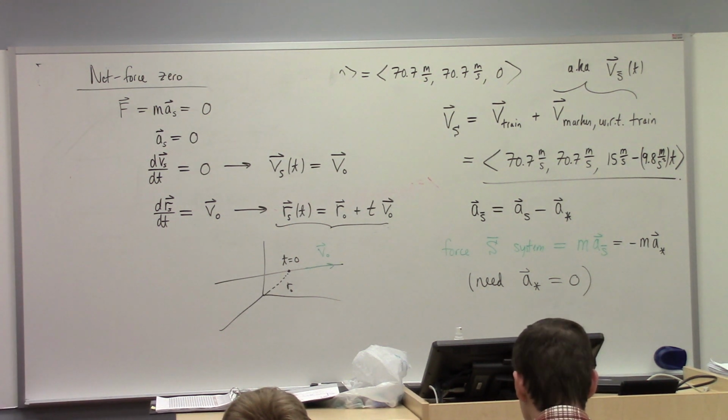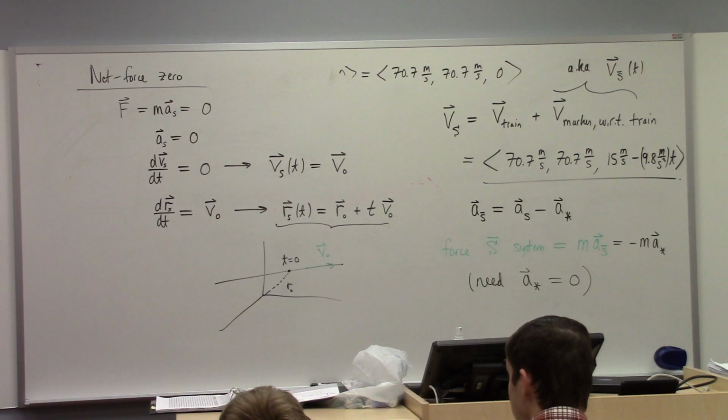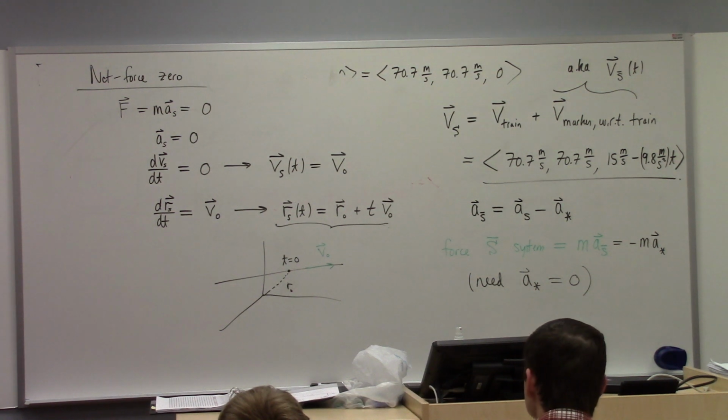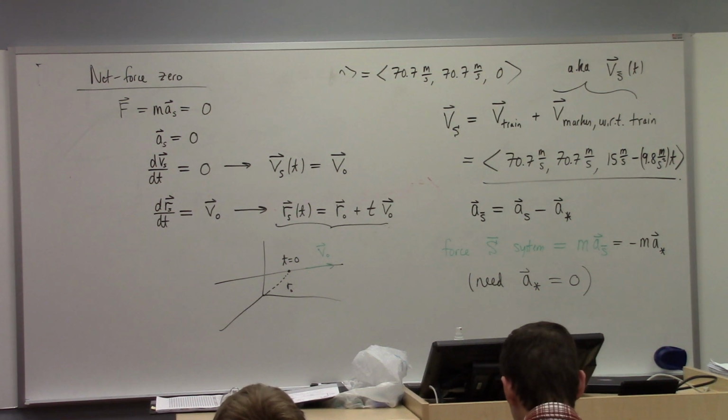So, listen, it's just simply this. Two frames of reference are said to be inertially related if the one is in a state of uniform rectilinear motion with respect to the other, which is just a fancy way of saying two frames of reference are inertially related if this r star is just equal to a constant vector plus t times the velocity.